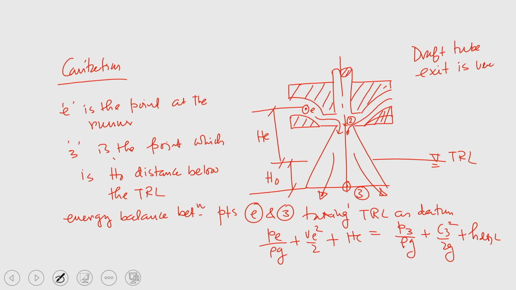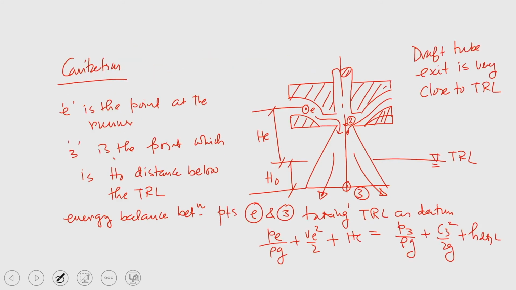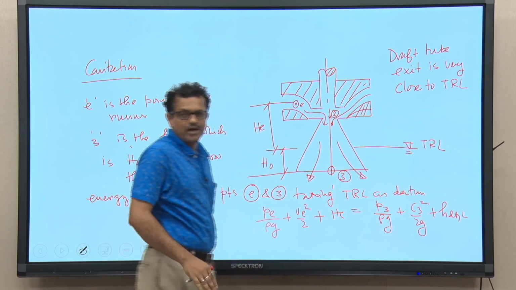Now, if it is the case, this P minimum by rho g will be equal to, where the minimum pressure will occur. Let me tell you, if I go to the previous slide, the point at which pressure will be minimum is close to point T towards the exit of the runner, but it may not be at point 2.